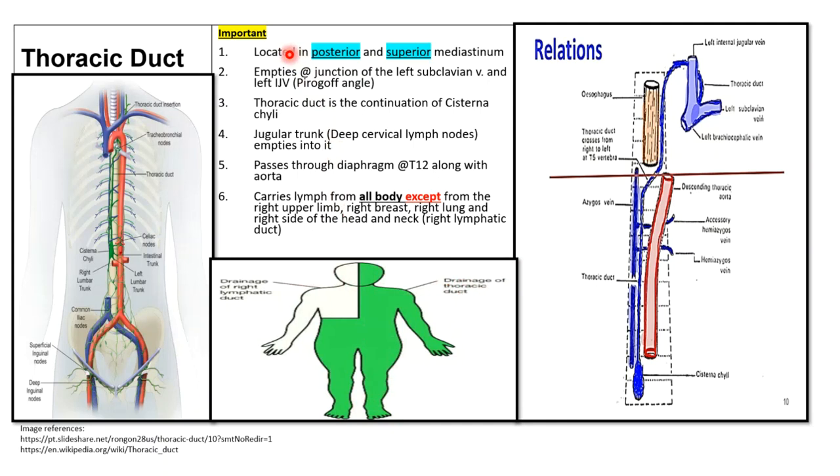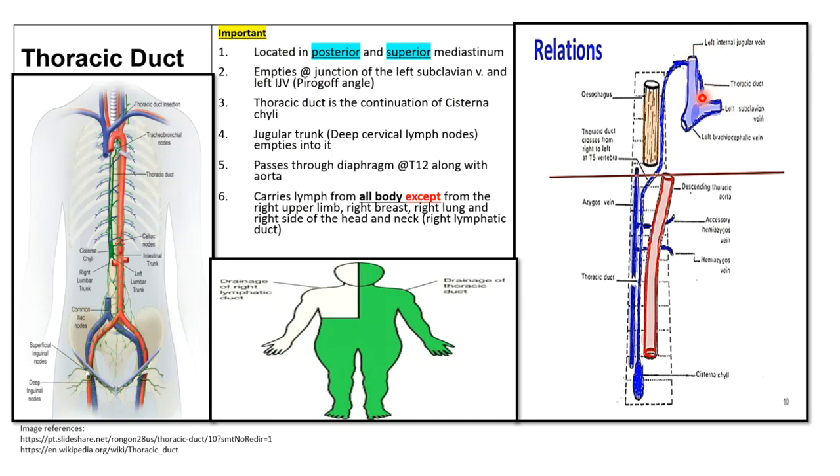So there are 6 things that you need to remember for the thoracic duct. First of all, very important, it is located in the posterior and superior mediastinum. Second, it empties at the junction of the left subclavian vein and the left internal jugular vein.